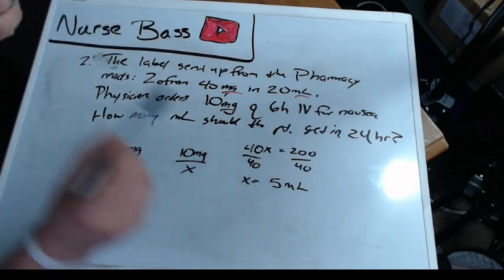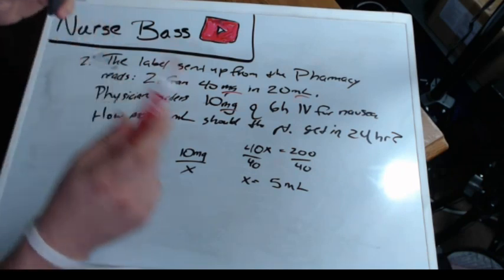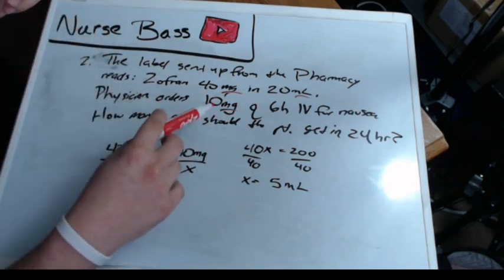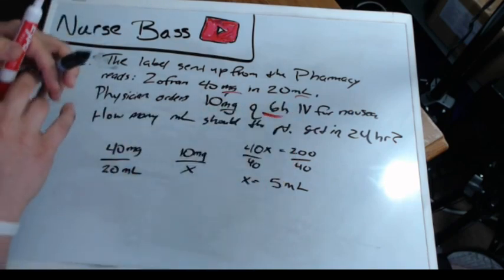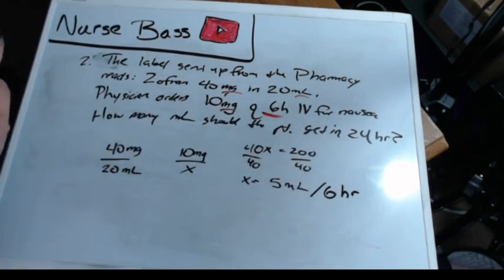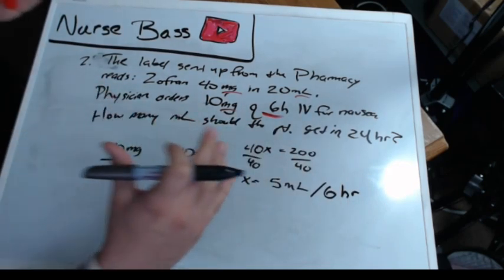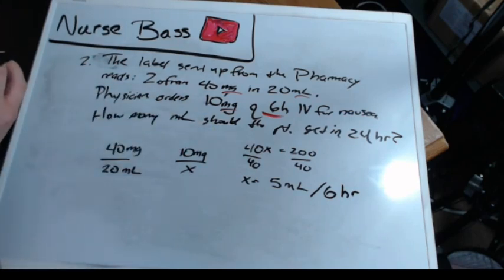So, X equals 5 milliliters. But let's remember, the physician ordered this every 6 hours. So this is 5 milliliters every 6 hours. But we want to know how many doses the patient needs to get in 24 hours.